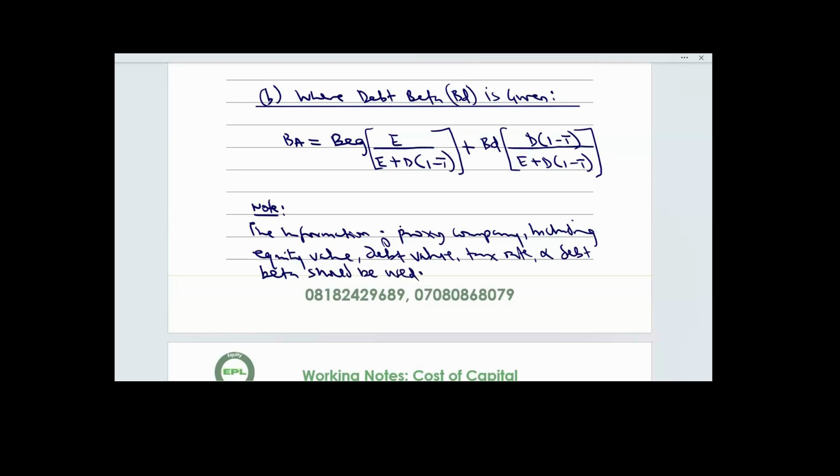This is very important so that you don't give what belongs to Peter to Paul, so that you are not using the information of the main company. From step 1 and step 2, you need the information of the proxy company.